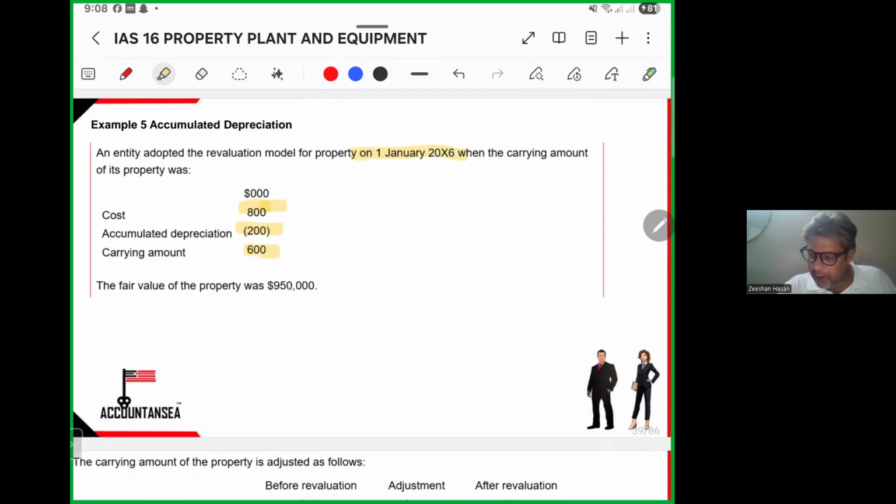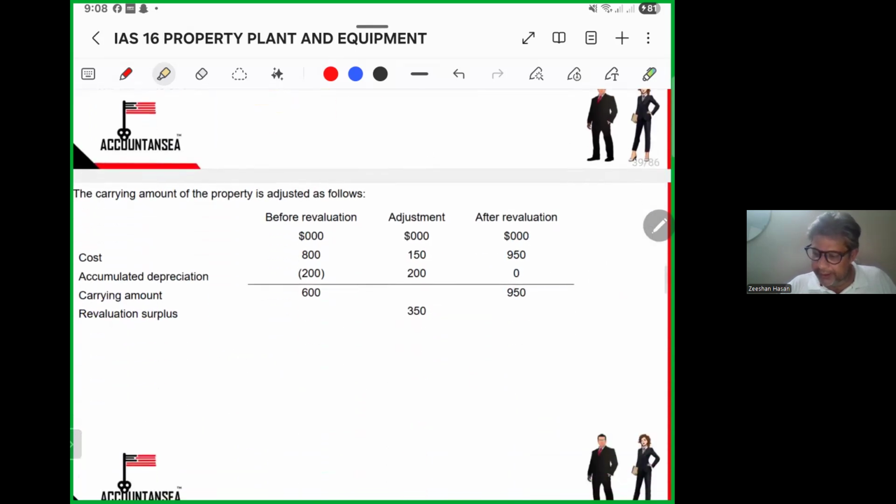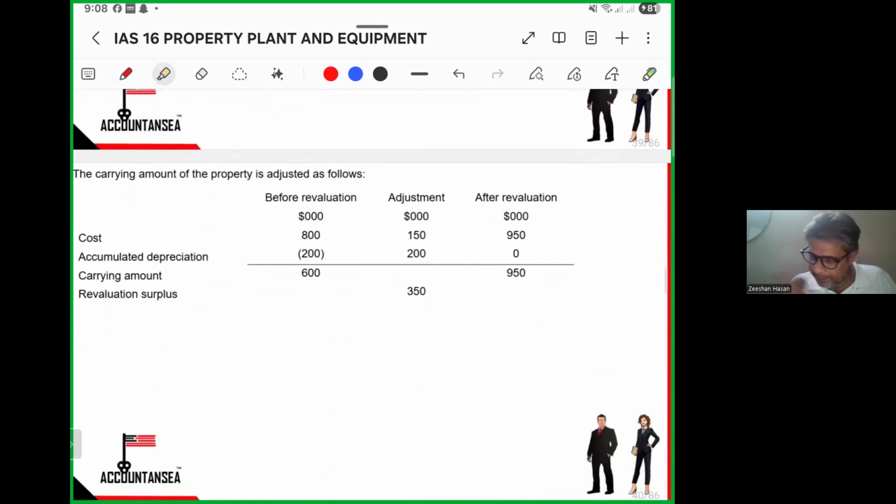The fair value of the property was 950,000. So here, as you can see, cost 800, adjustment made was 150. So after revaluation, its value is now 950.